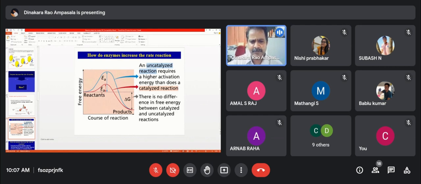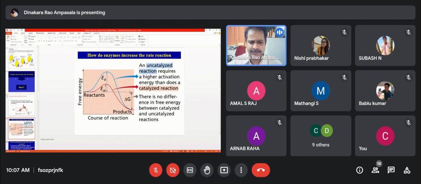Here you can see the red graph, where catalysis is involved. It reduces the activation energy consumption. You can see delta G: there is no difference in free energy between the catalyzed and uncatalyzed reaction.